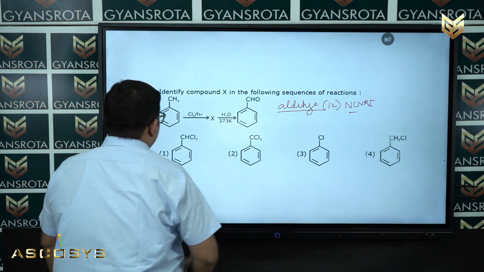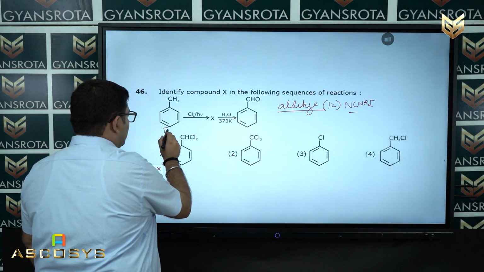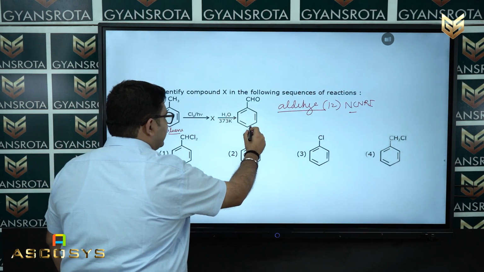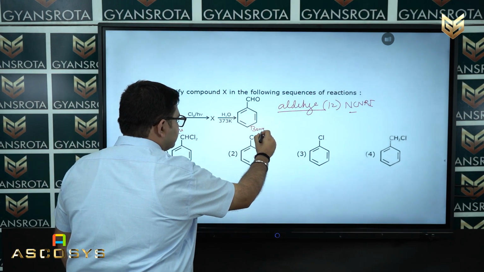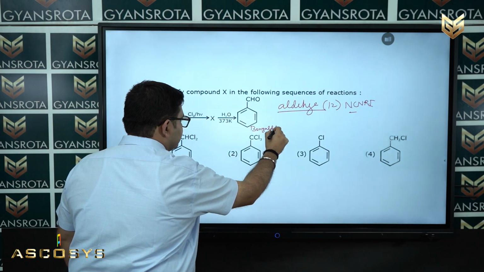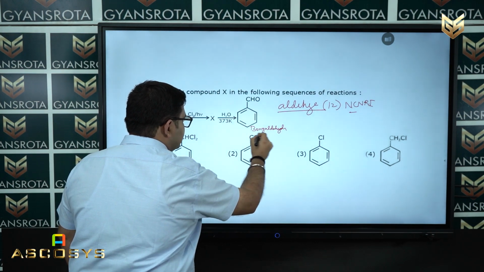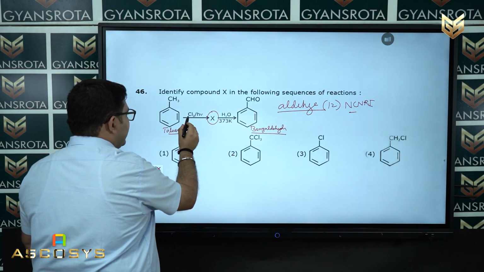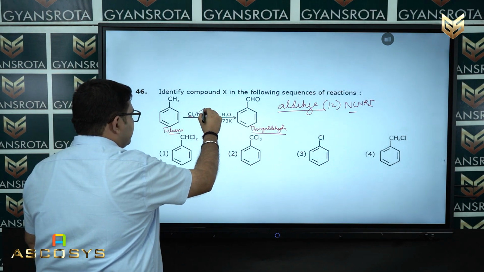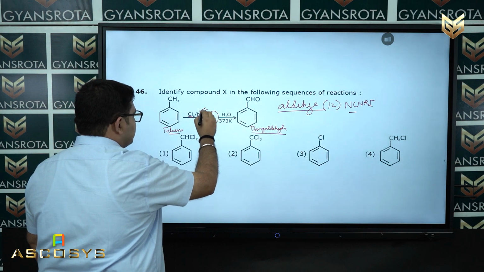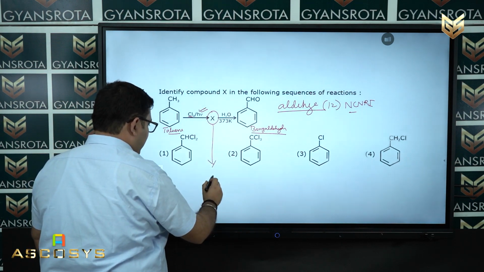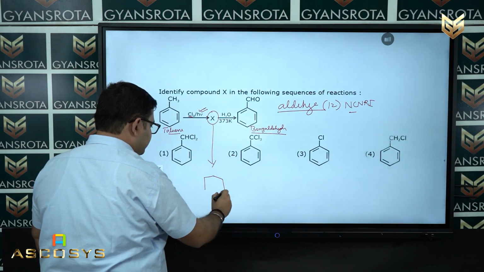Now, if you see, this is nothing but your toluene and this is your benzaldehyde. Now, they ask what is your X. Now, when this toluene reacts with Cl2 in presence of photochemical, that is H nu, it will give benzyl chloride.